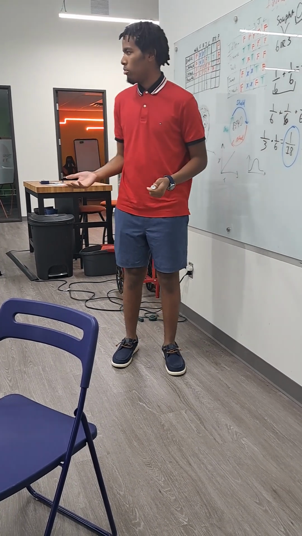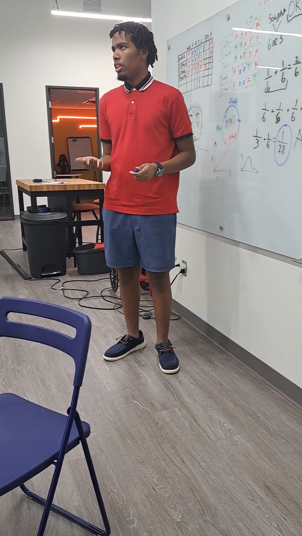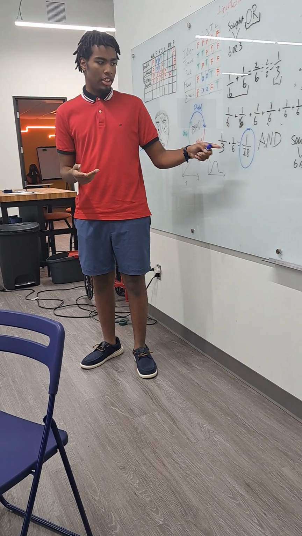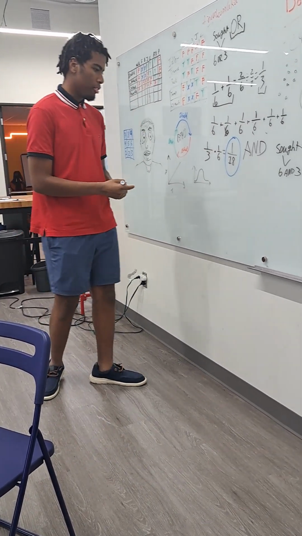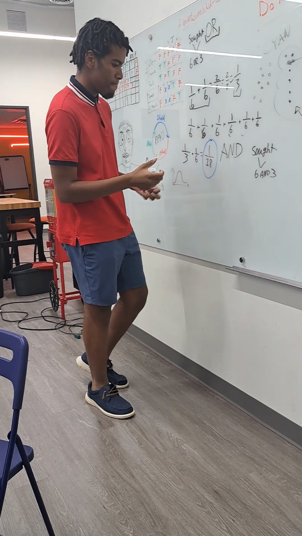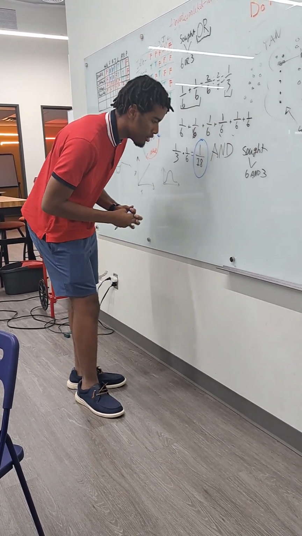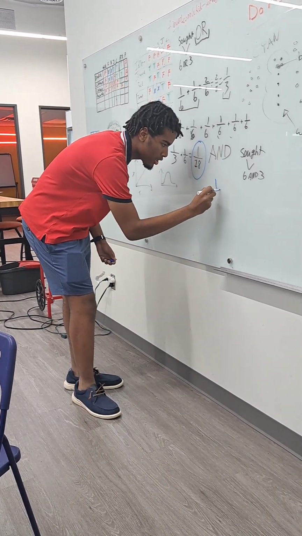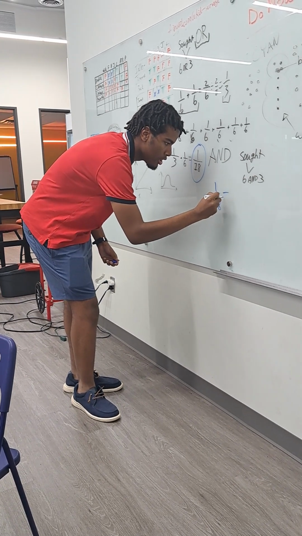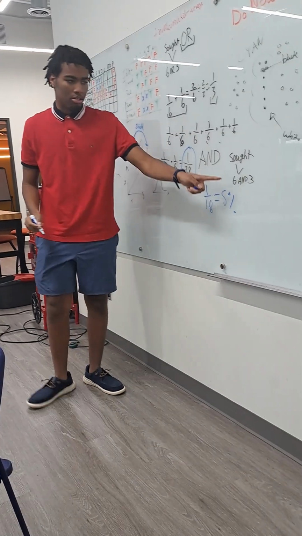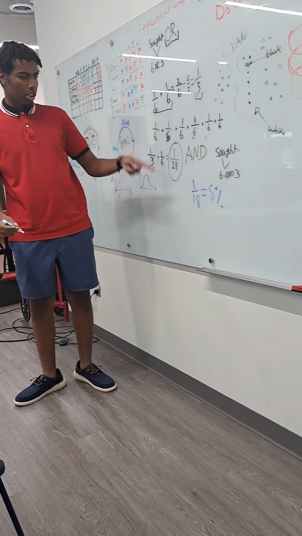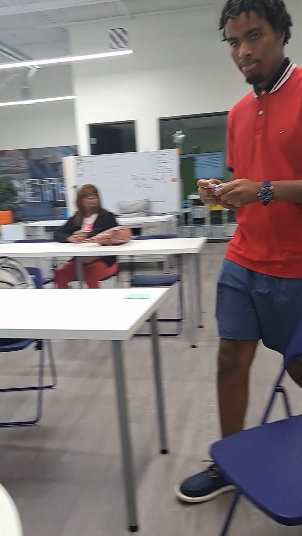Now you're probably thinking, what does that 1/18 mean? That's the chance you have of getting a 6 and a 3. So basically, we can say this 1/18 equals about a 5% chance of you getting a 6 and a 3.